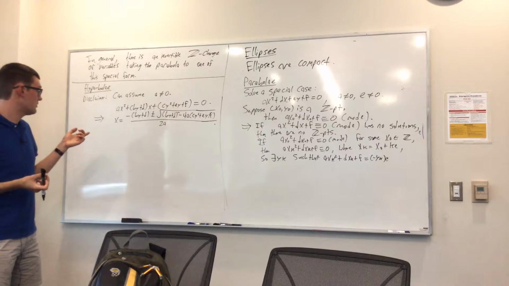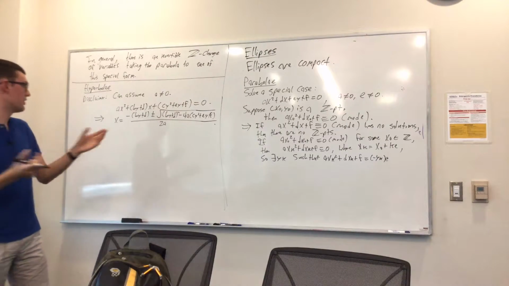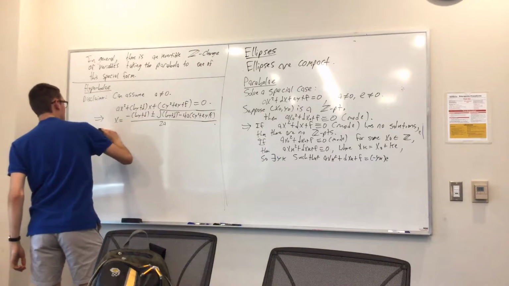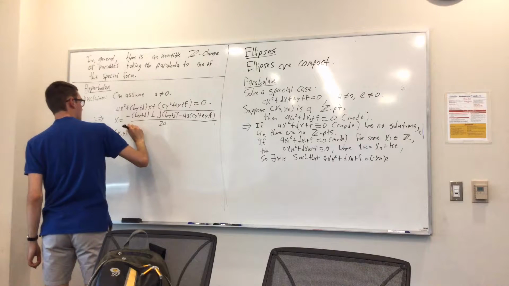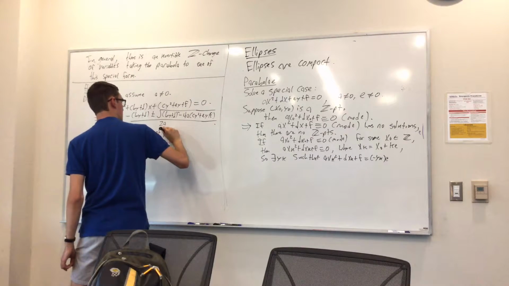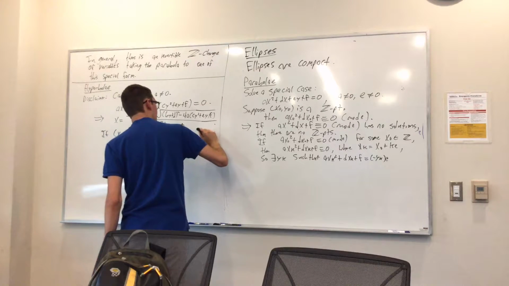So if I'm going to have a point (x, y) that's an integer point on the curve, then whatever I just wrote down here has to be an integer. And this is an integer.